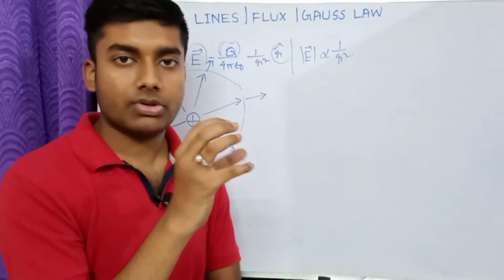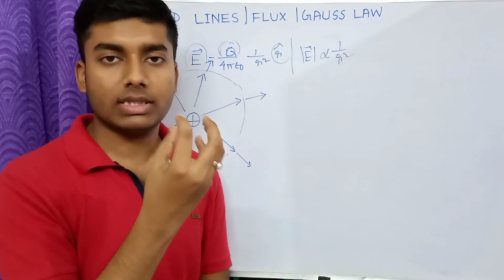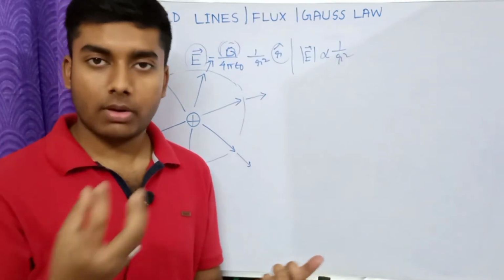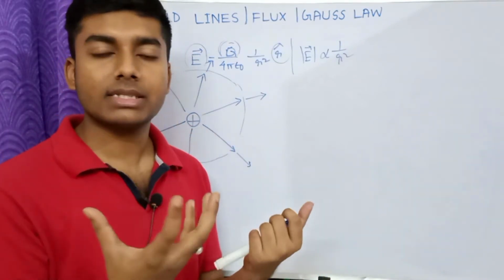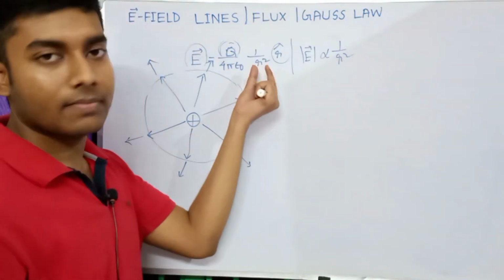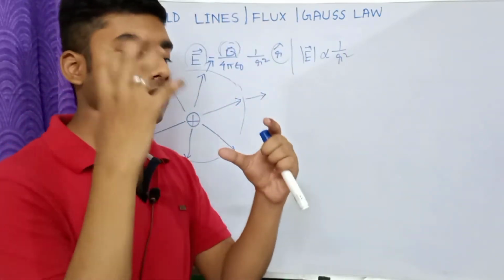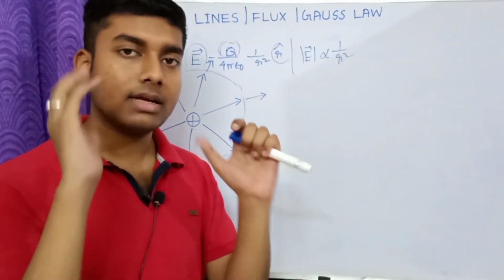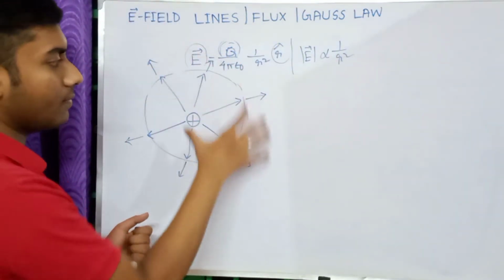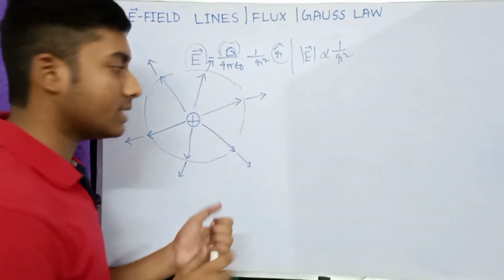Suppose we have a positive charge, and the charge is emanating electric field lines radially outward from it. What will that be in 3D space? If we take a certain distance r from the charge, it will be a hollow sphere, like a football, and we are considering the surface area of this sphere. This is not a circle, this is a sphere in the 3D case.